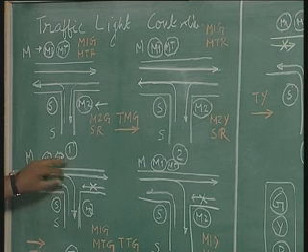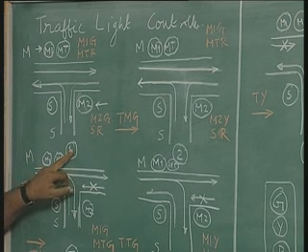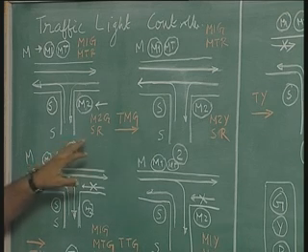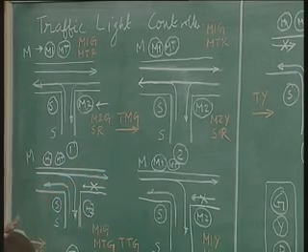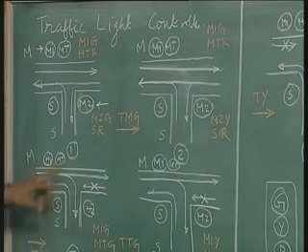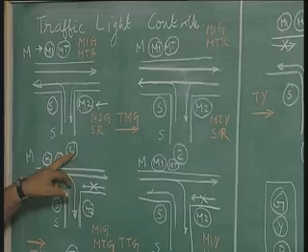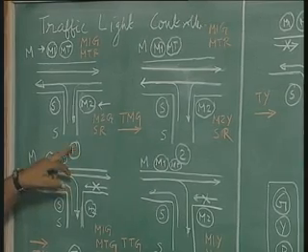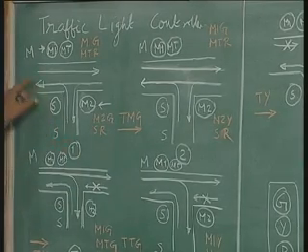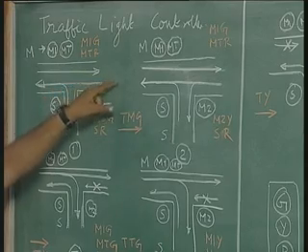So this I will call one state. There are several states in which these lights can exist. The first state in which it is found is green on this side, green on this side.